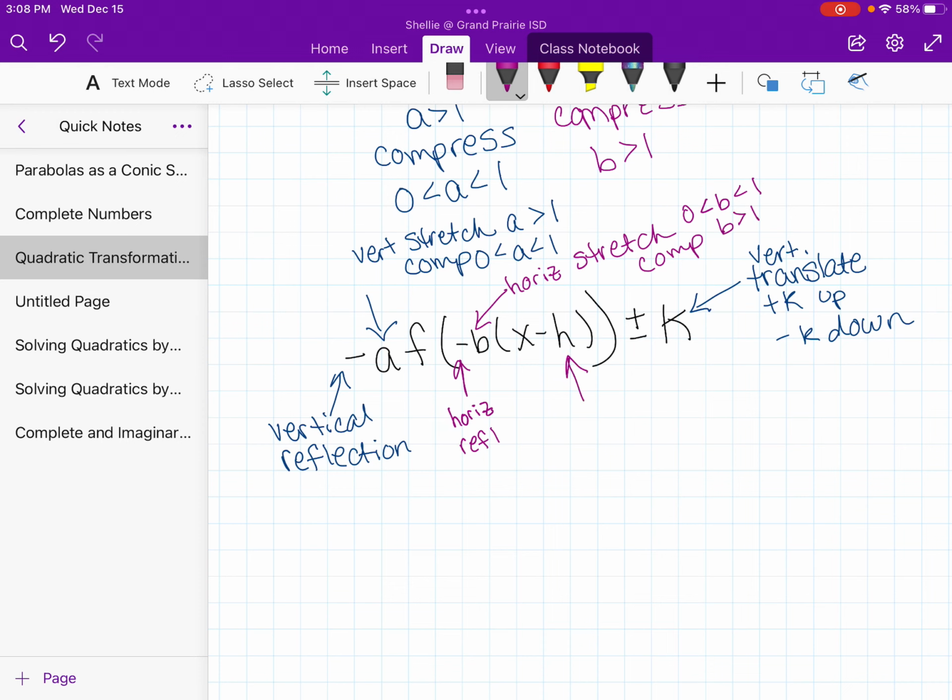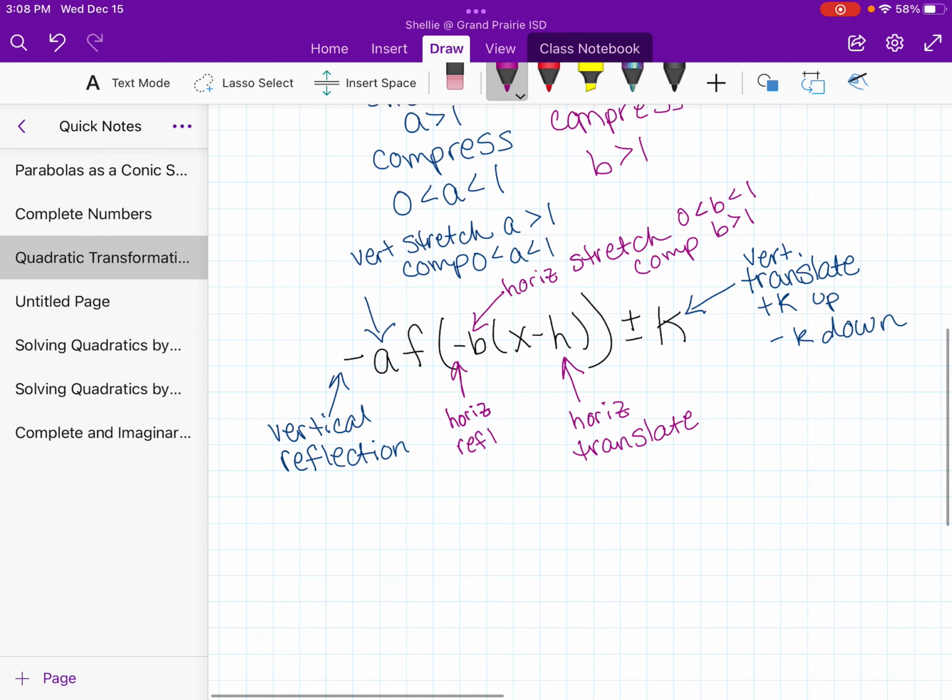And your H value is still going to be a horizontal translation. And if you have a positive H, you actually go left. And if you have a negative H, you actually go to the right. Okay? And that's how you would see that in function notation.